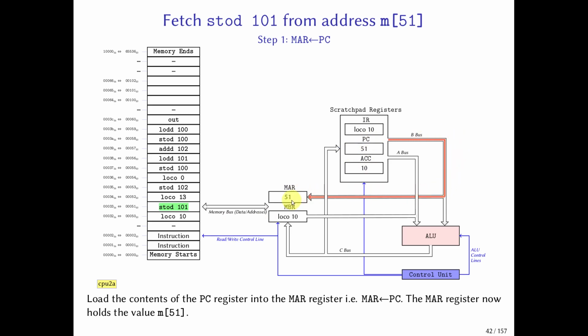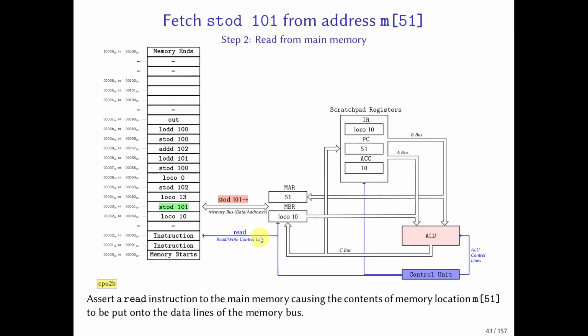That's the first step, and then we have the control unit assert to the circuitry of the main memory a read operation. The circuitry of the main memory sees that it has to interact with cell 51. It sees that the operation that's required to be executed is a read, and then what it does is it basically goes into cell 51 and it copies the content of cell 51 so that it is output over the memory bus and becomes an input to the CPU.